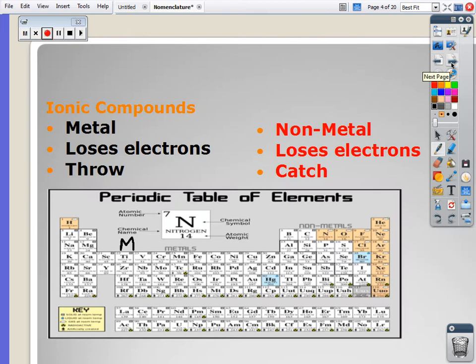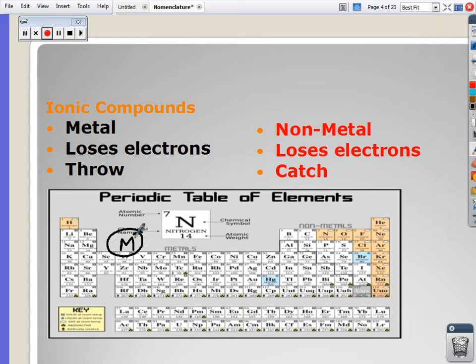The bottom line with ionic compounds, where the first element begins with a metal, is that a metal loses its electrons. A nonmetal, oops, that should not say loses. See, proofread. This should say gains electrons.